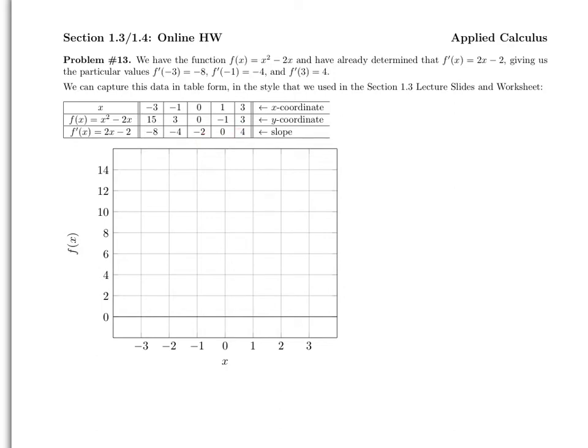Roughly, that means I can plot these points because I now have an x and a y. So here's negative 3 and 15. That's an xy pair, negative 3, 15, would be here-ish. I could plot the point negative 1, 3. I can plot the point 0, 0.